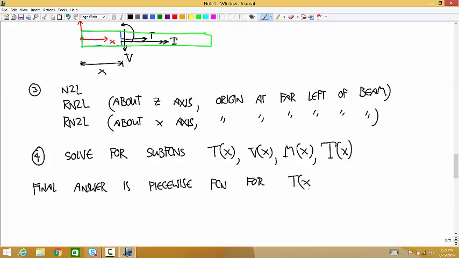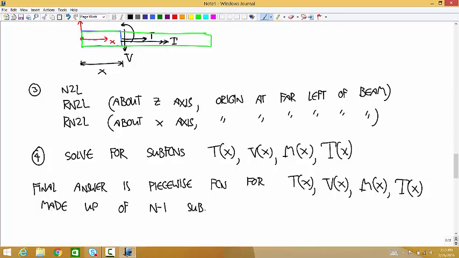So it's a piecewise function for T, a piecewise function for V, a piecewise function for M, and fancy T, made up of n-1 subfunctions for each. And then a lot of times you'll want to graph that. Okay, 4 steps, that's all.